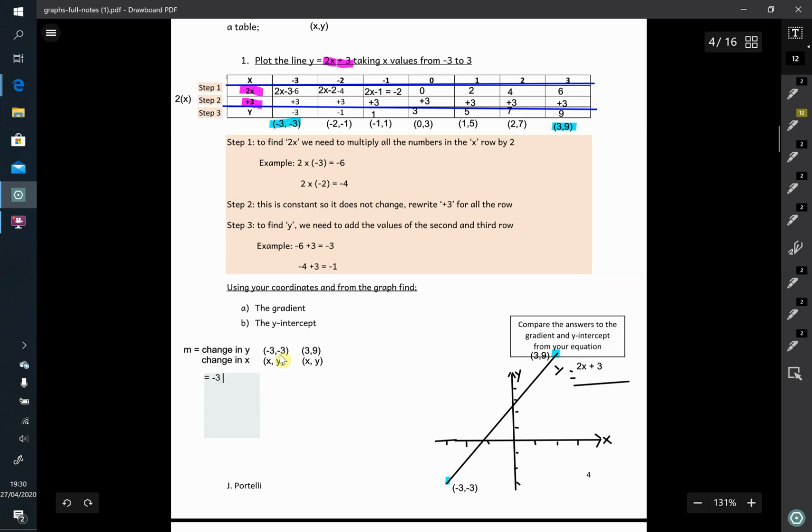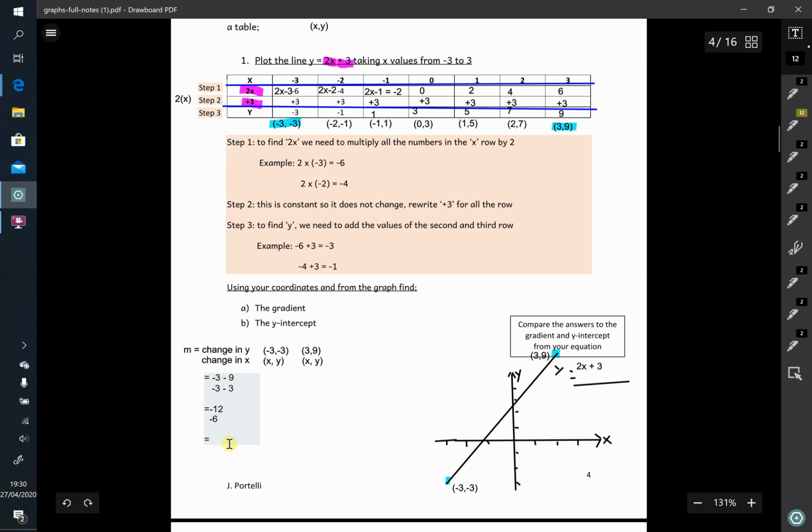-3, the change is -9, all over -3, because I chose the -3 of the y, minus of the change, 3. And when I work it out, -3 - 9 is -12, all over -6.